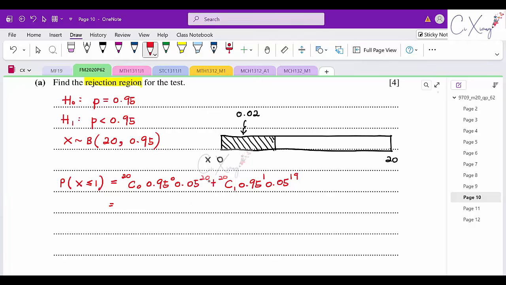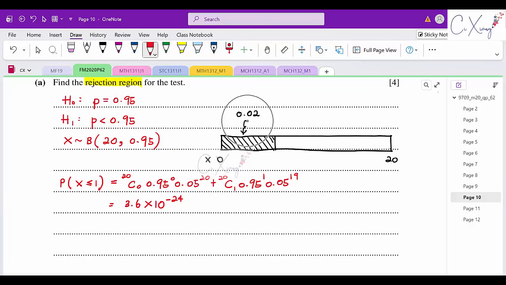So by right, you should get a super small value. Then you use a calculator to figure out the value. If you did not make any careless mistake, you get 3.6 multiplied by 10 power negative 24, which is a super small value. So this is the probability for x smaller than or equal to 1.